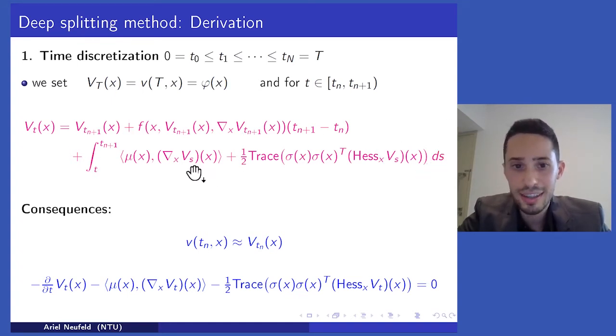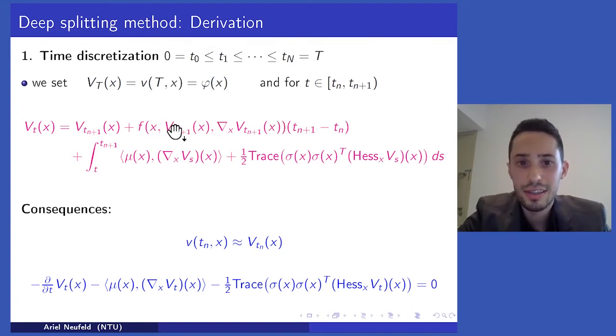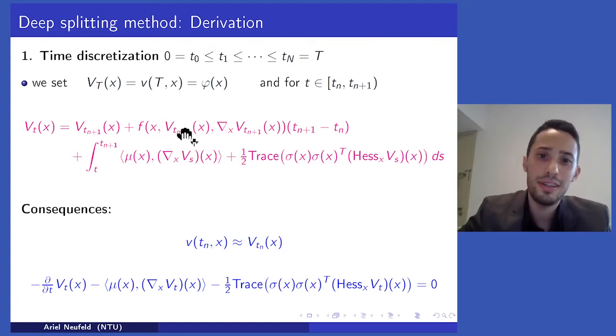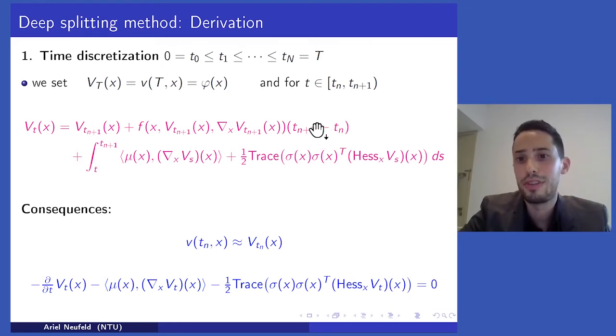You see this is exactly the same as for the PDE under consideration. However, the nonlinear part we discretize in time. So instead of the integral between t and t_{n+1} with respect to time, you just take the value at the right-hand point, t_{n+1}, and multiply it with the time difference.